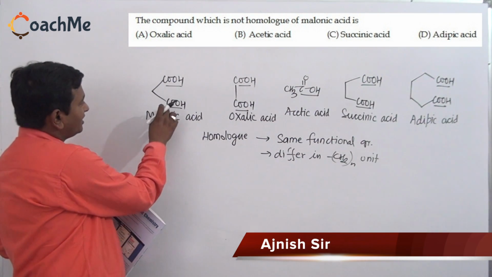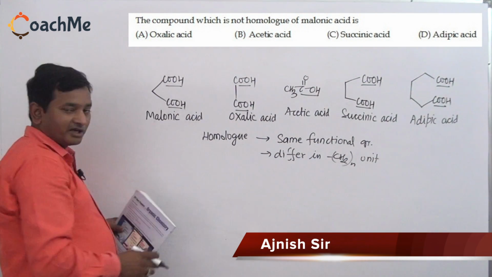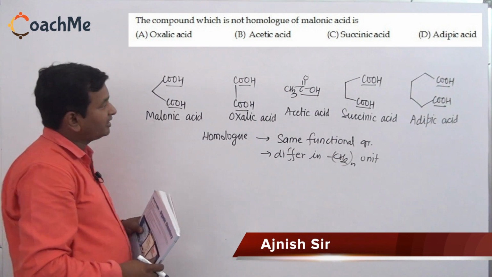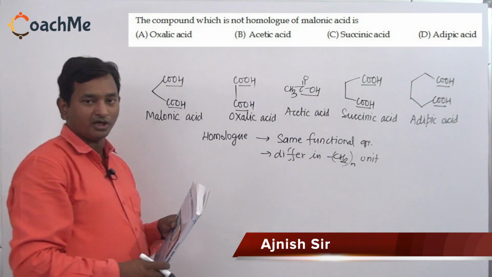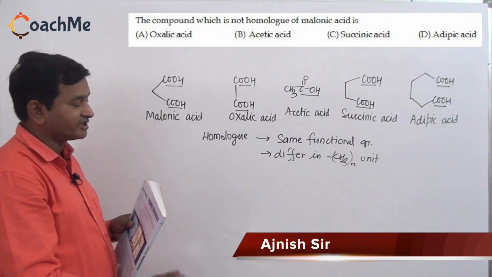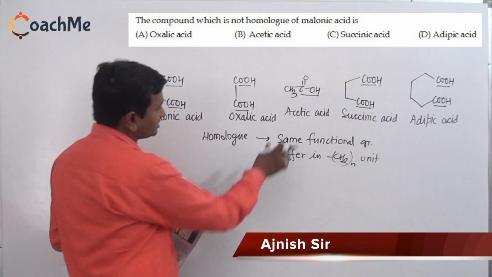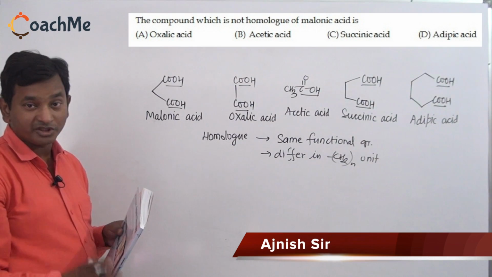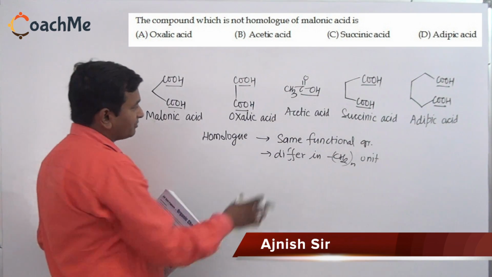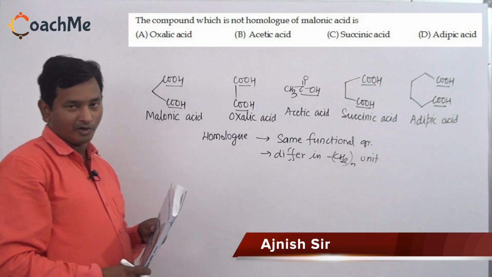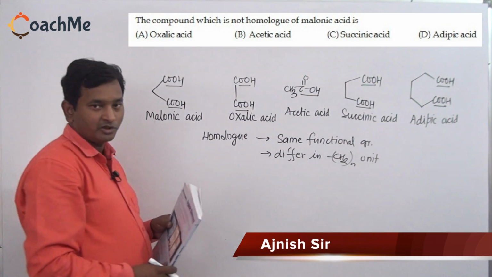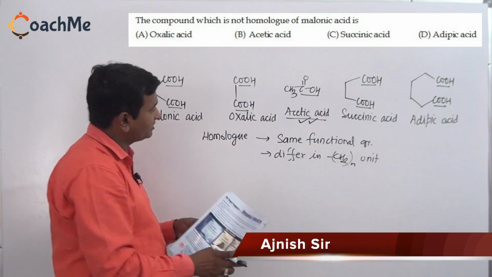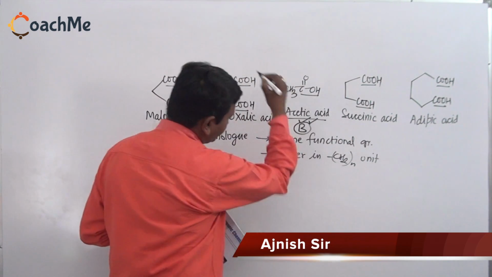And along with the carboxylic acid 1 carbon is present, that is, this compound contains 3 carbon, and this compound will contain 2 carbon. But the difference is not of a CH2 n unit, but the difference is of a CO2 unit. And if the difference is of a CO2 unit, then this compound will not be considered a homologue of malonic acid. So our answer will be acetic acid, and it will be option B.